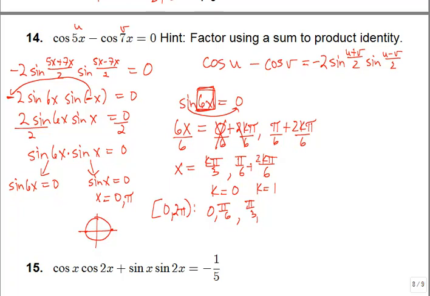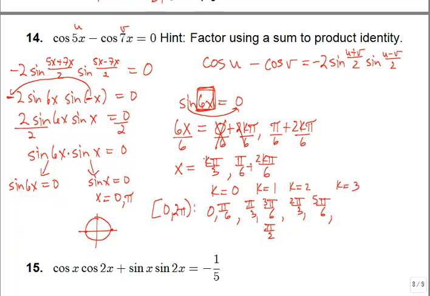If I let k be 1 here, I get 2 pi plus pi gives me 3 pi over 6, or that reduces to pi over 2. If I let k be 2, this becomes 2 pi over 3. And if I let k be 2 over here, 2 times 2 is 4, so I get 4 pi plus pi is 5 pi over 6.